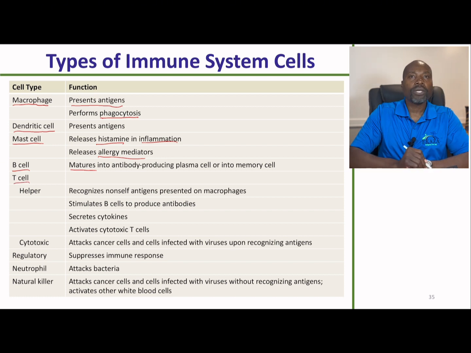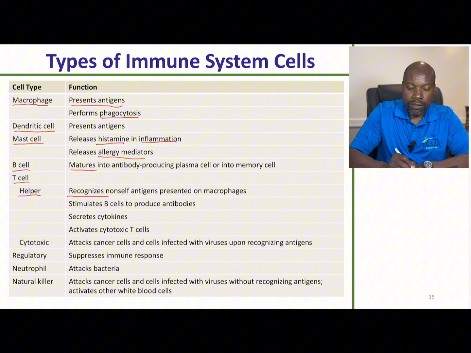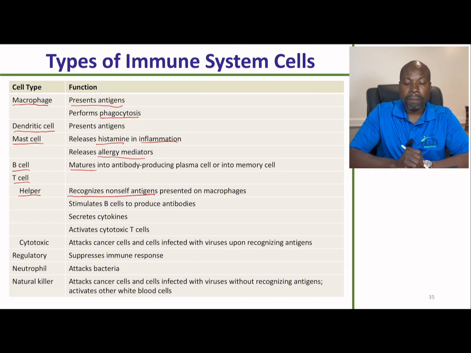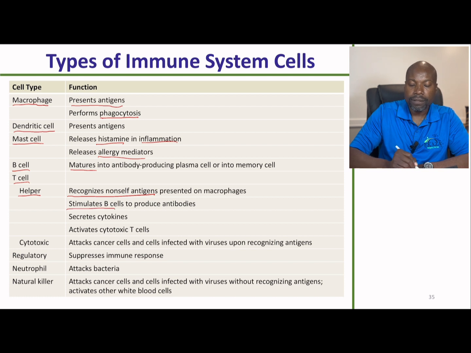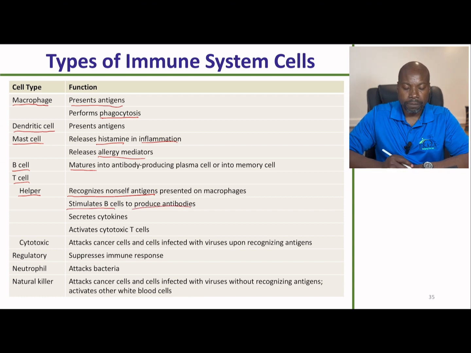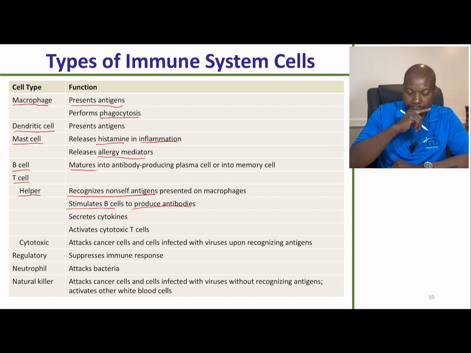The T cells, we're going to have helper T cells, whose job is going to be to recognize non-self antigen presented on macrophages. They're going to stimulate B cells so that these B cells can produce antibodies. The helper T cells are going to release cytokines, and they are going to activate cytotoxic T cells.